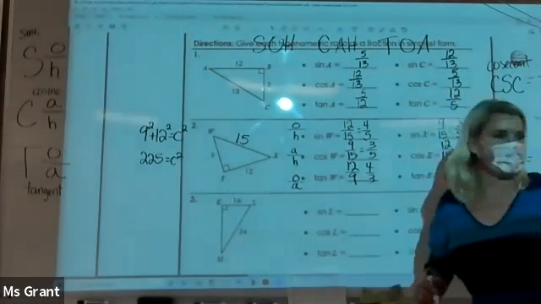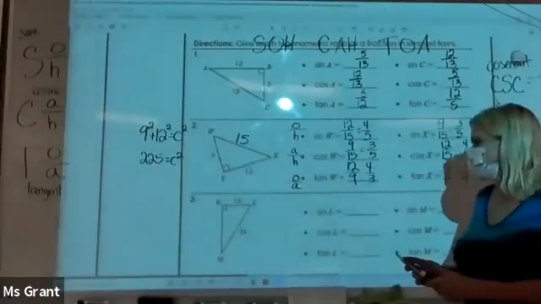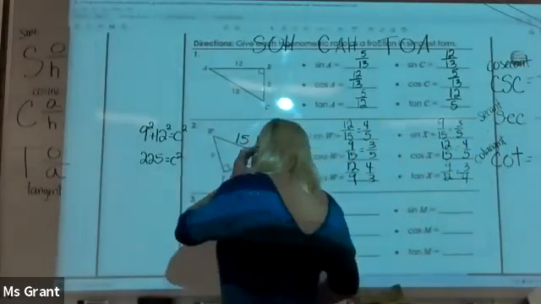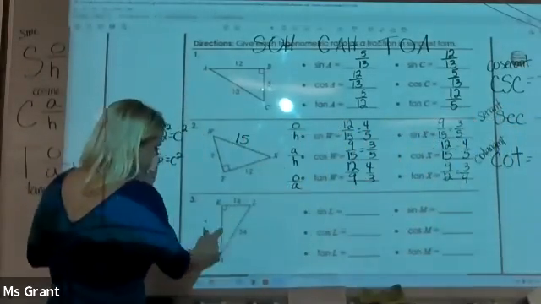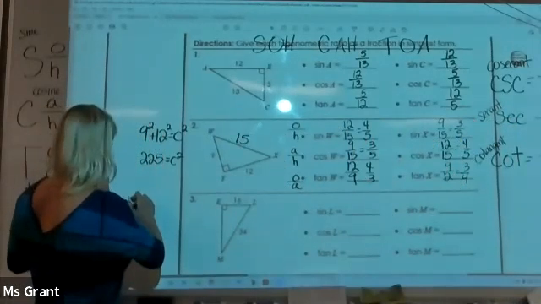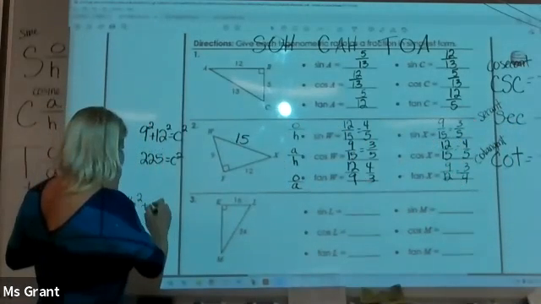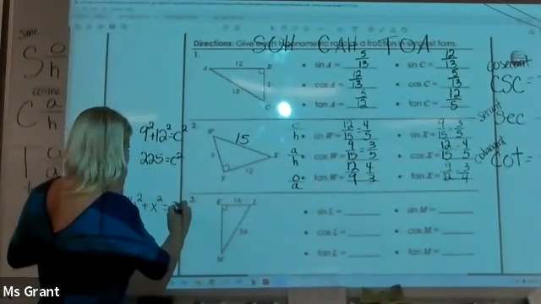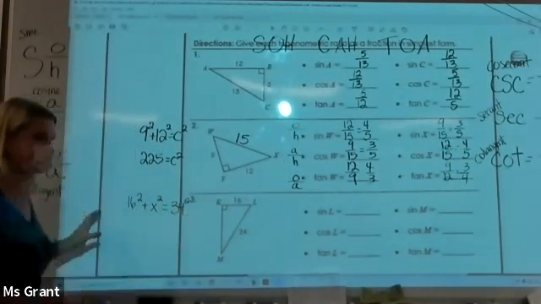Okay, 3. I really would like you to just do 3 on your own. 16, something, 34. Pythagorean theorem. 16 squared plus I don't know squared equals 34 squared.